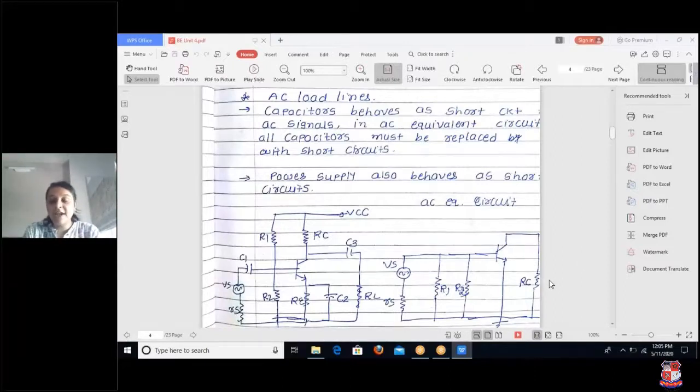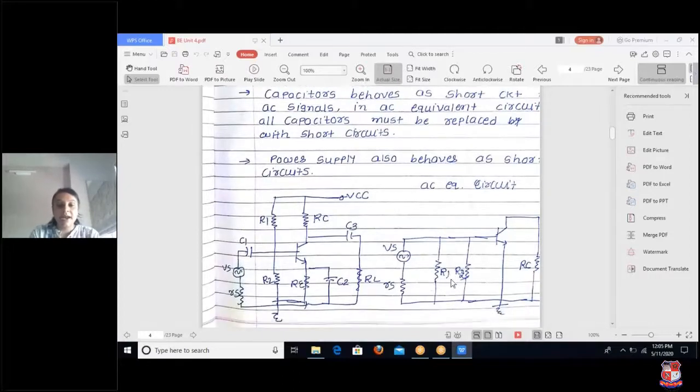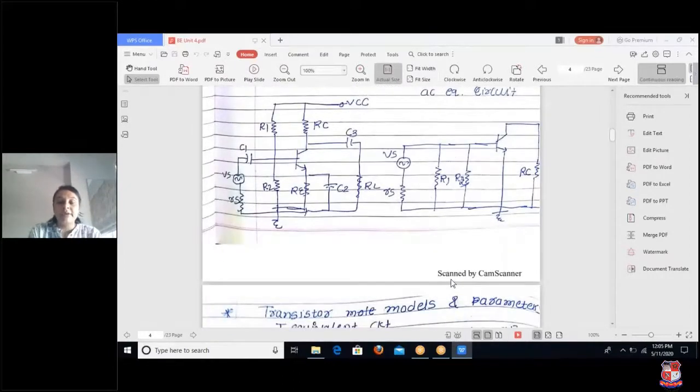So at the output side we put three resistances, RC, RE and RL, right? I will again show you the AC equivalent circuit of RE in the next figure. Same thing you can also draw for the CE configuration AC equivalent circuit and common collector AC equivalent circuit, right?